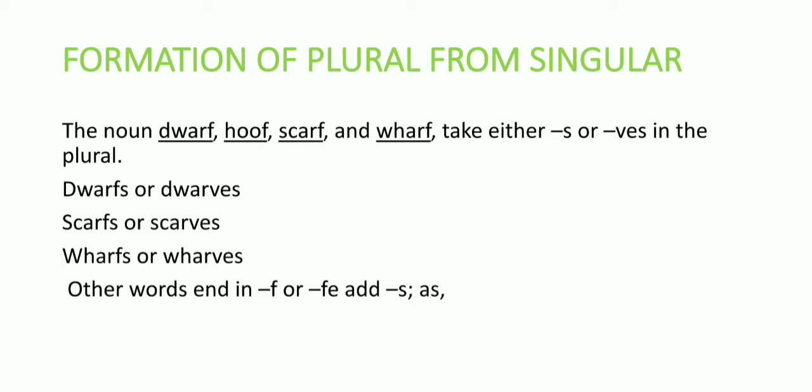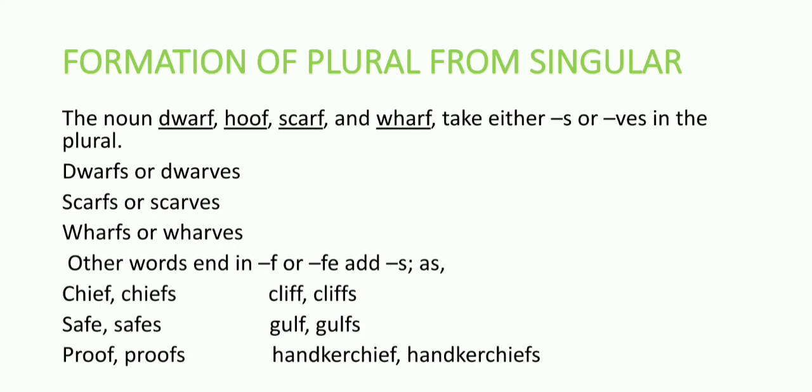And the next example we have: other words ending in f or fe add only s. The rest of the words ending in f or fe, when making the plural, we will add only s, not v or ves. Look at the example. We have chief to chiefs, safe to safes, proof to proofs, cliff to cliffs, gulf to gulfs, and handkerchief to handkerchiefs.